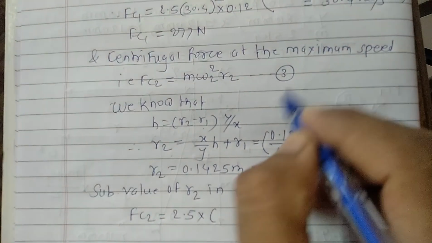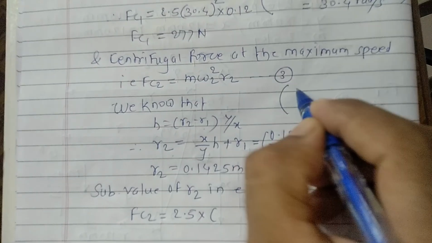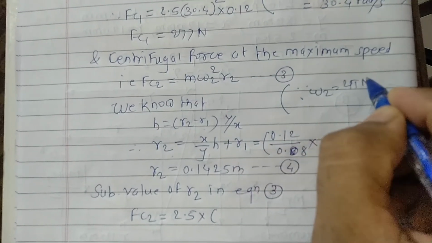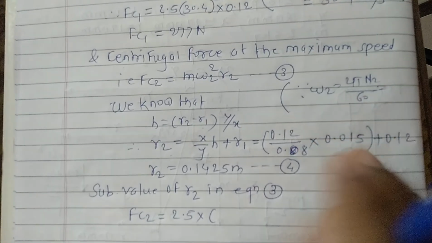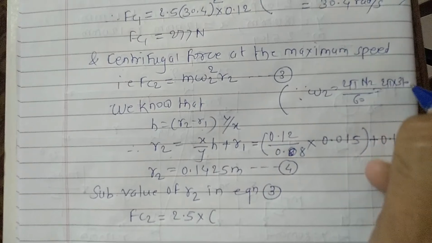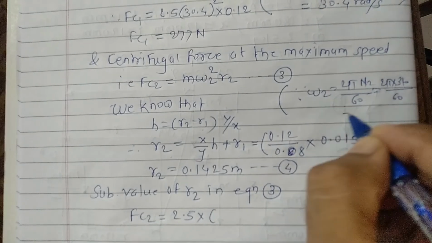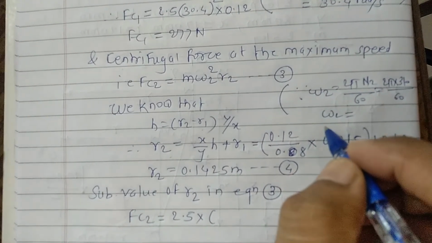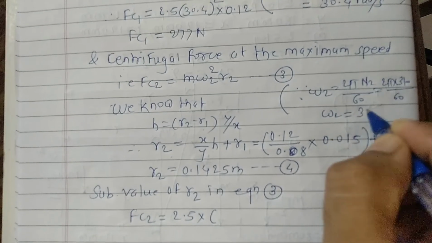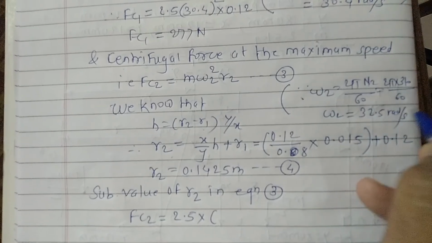We need omega 2, so just calculate here, since omega 2 equals 2 pi N2 divided by 60. So what's the N2 given? 310 is given, divided by 60. So what's the omega 2? Omega 2 is 32.5 radian per second.